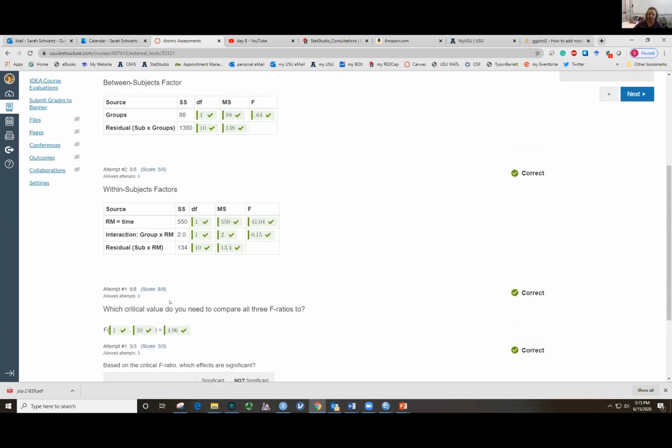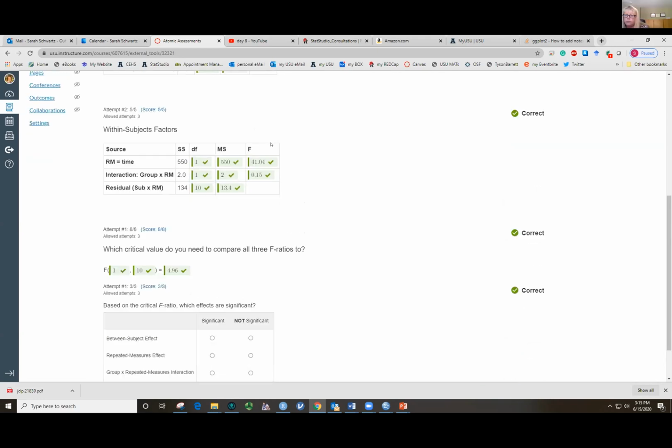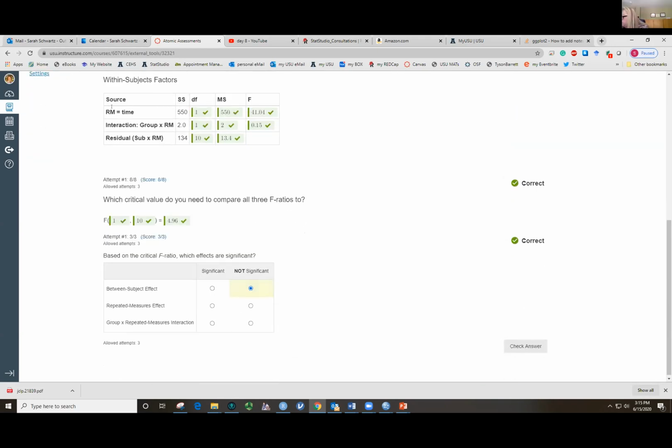So what are significant? Is the grouping variable significant as a main effect? No. Is the repeated measure of time significant? Yes. Yeah, because this F value is 41.04, so that's a lot bigger than our critical value of almost 5. What about the interaction between group and repeated measure?